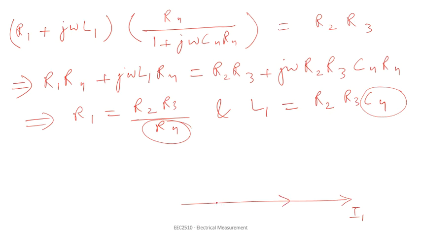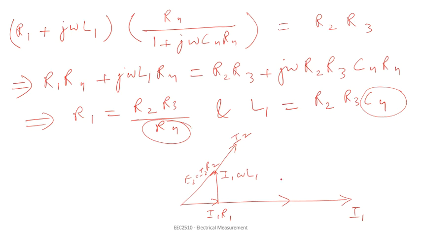So this will be I1 R1, and this is I1 omega L1. This is E2 equals I2 R2. So I2 will be in this direction only.